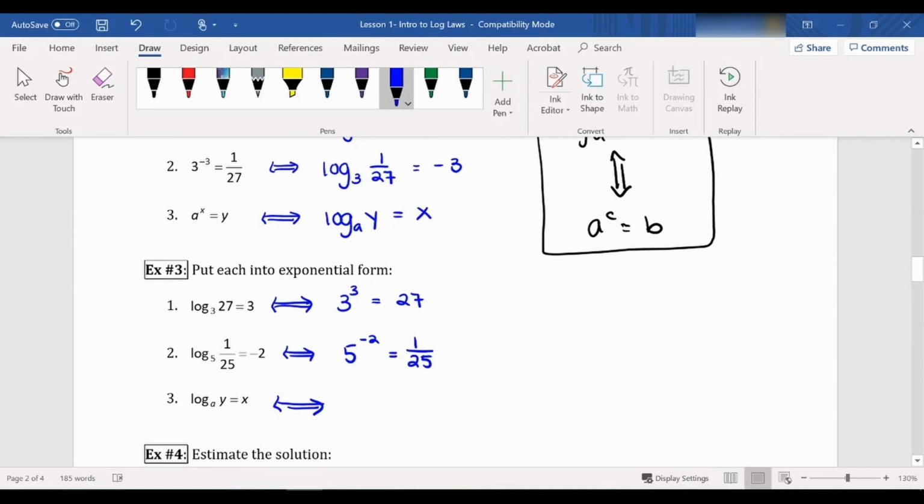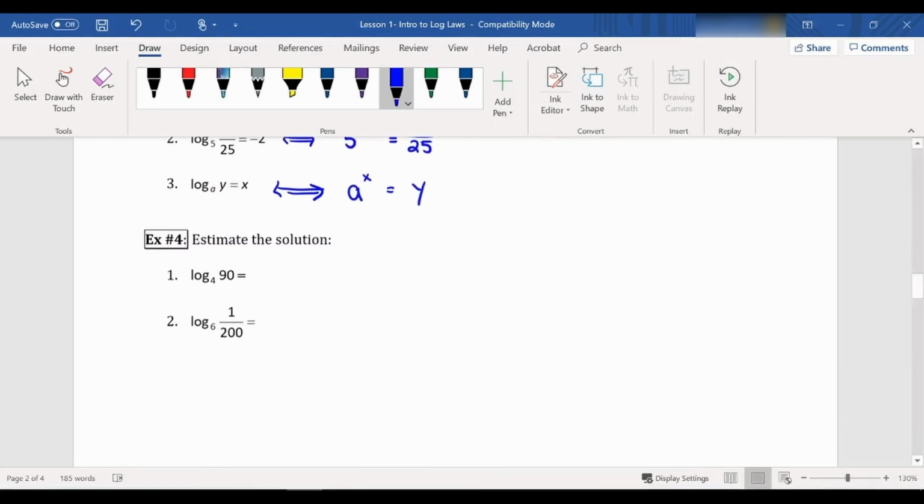We're just rewriting this using our knowledge of what goes where. Our base is A. Our exponent would be X. And our inside stuff is what our exponential equals, which is Y. You do need to be able to transition between exponential and logarithmic form. There are some questions for practice you can do for those. And once you get the hang of them, they're quite quick.